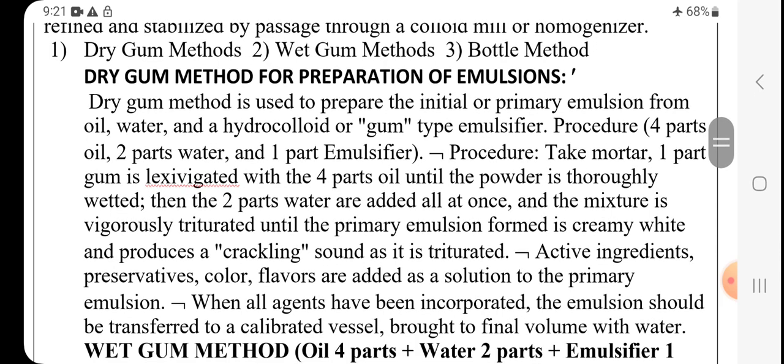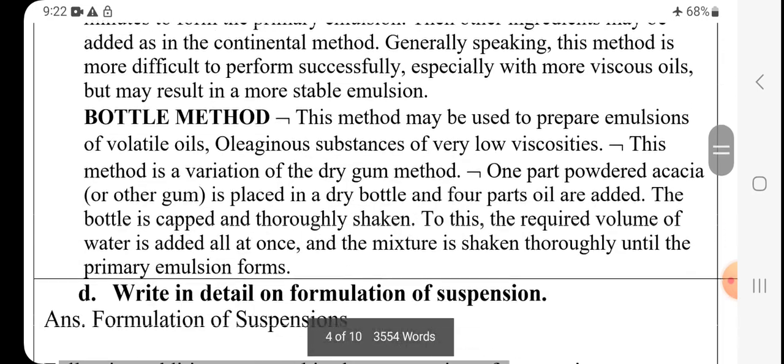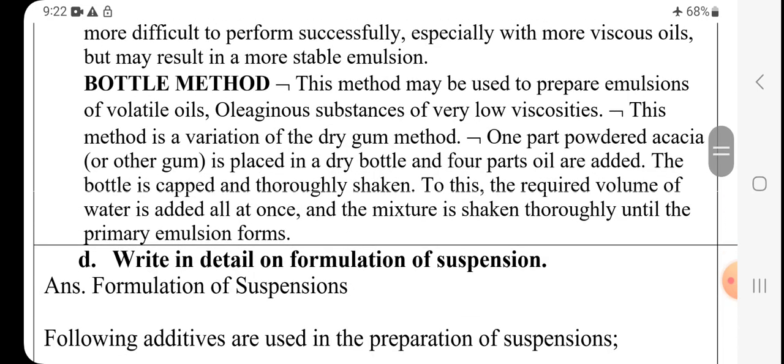In the dry gum method, you first take the gum and mix it with the oil. In the wet gum method, it is the opposite: you take the gum, mix it with the water, and then the oil is added. So there is a little difference. And the third one is the bottle method, which is used for volatile oils.